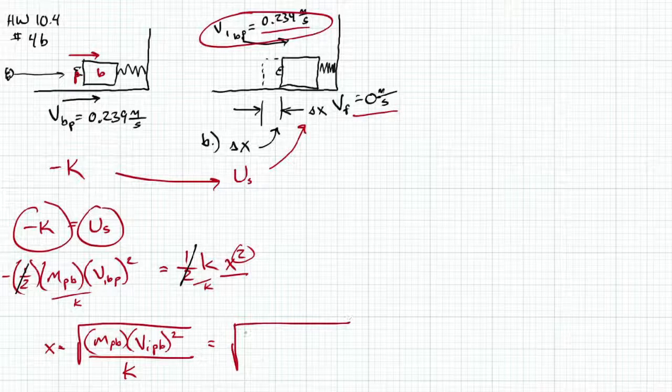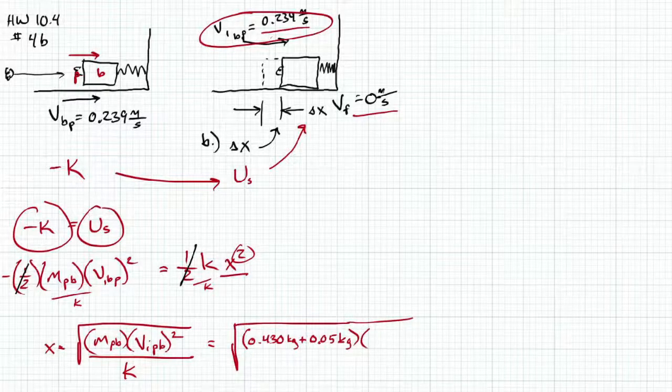Okay? So what's the mass of them together? The mass is 0.430 kilograms plus 0.05 kilograms. That's the mass of them together. Now you could probably just add that in your head, but times their velocity squared.